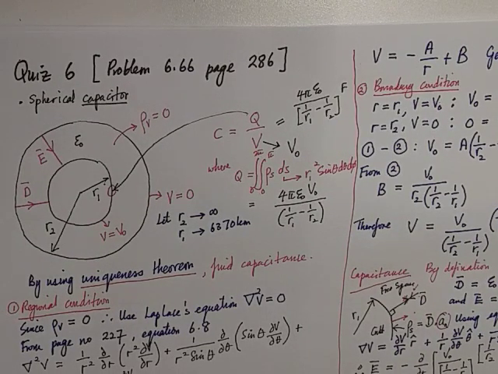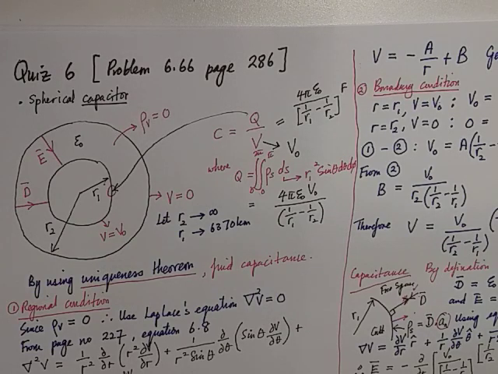Please remember, on the 2nd of January, we're going to have our test 2. The topic will involve the latter part of electrostatics that we learned. The test is only related to the electrostatic topic, because in your final exam, the questions are only going to be related to magnetostatic and electromagnetic.